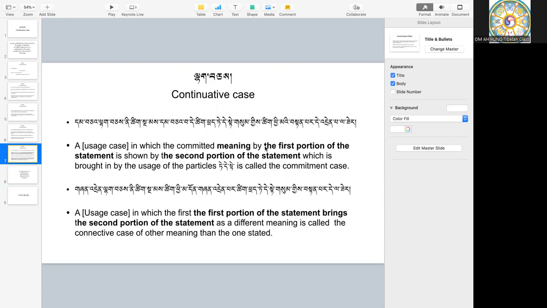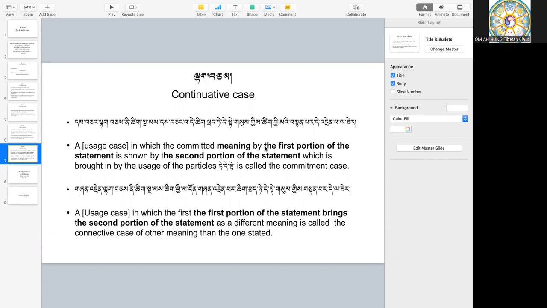And so these two, which is the first portion of the statement, the committing portion, and the second portion of the statement, which is the information that was committed to be provided, are connected or brought in by the usage of the particle te. Only these three particles.